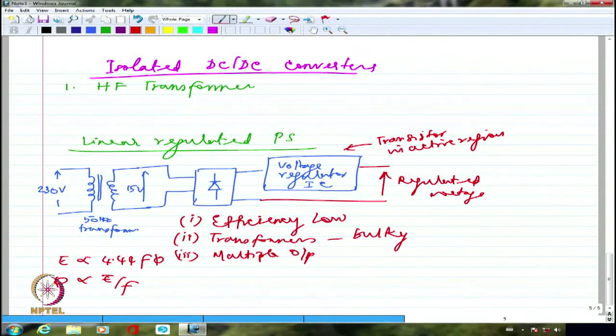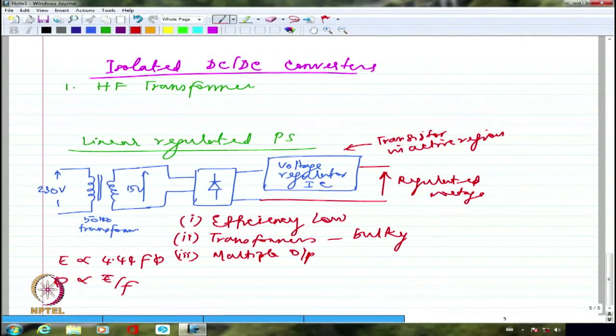From saturation region I can go to cutoff and back, because of which there will not be much copper loss, so efficiency is good. And I would be able to use a high frequency transformer, so it will be tiny and it will save on space.